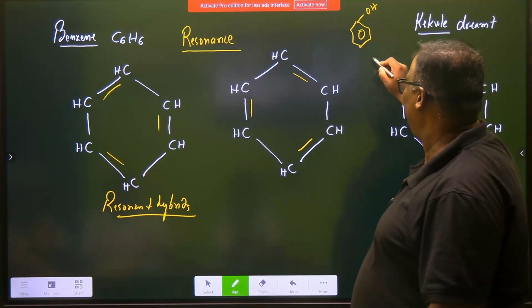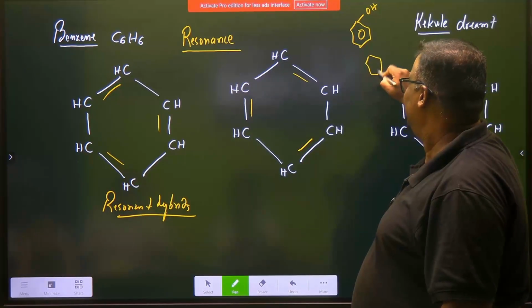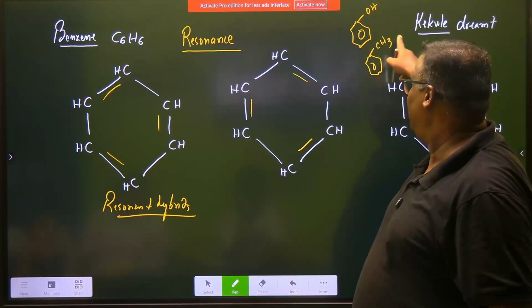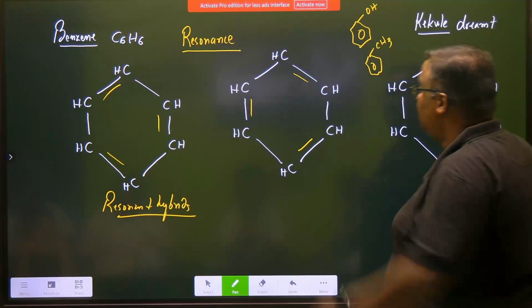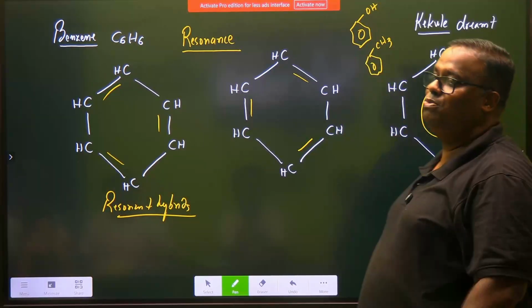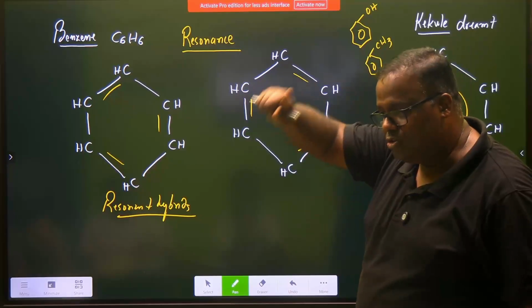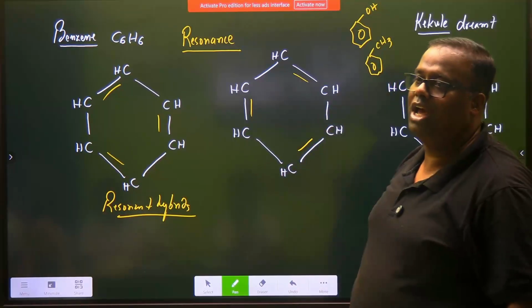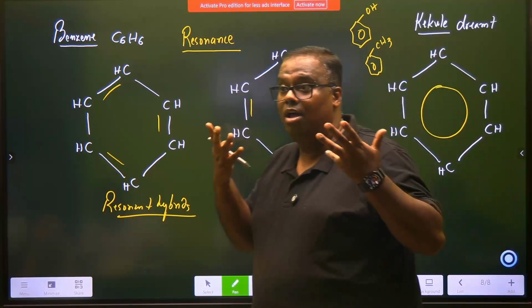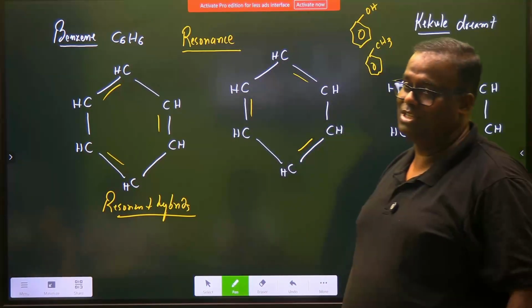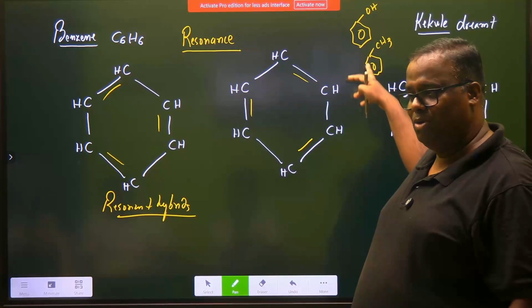Toluene is the benzene ring with the CH3, means one hydrogen knocked out and the alkyl has come here. This is another branch of organic chemistry which you'll study in 11 called aromatic compounds. Compounds which are ring compounds are called aromatic. Aroma. All sorts of perfumes, all sorts of deo sprays have all these sort of compounds.